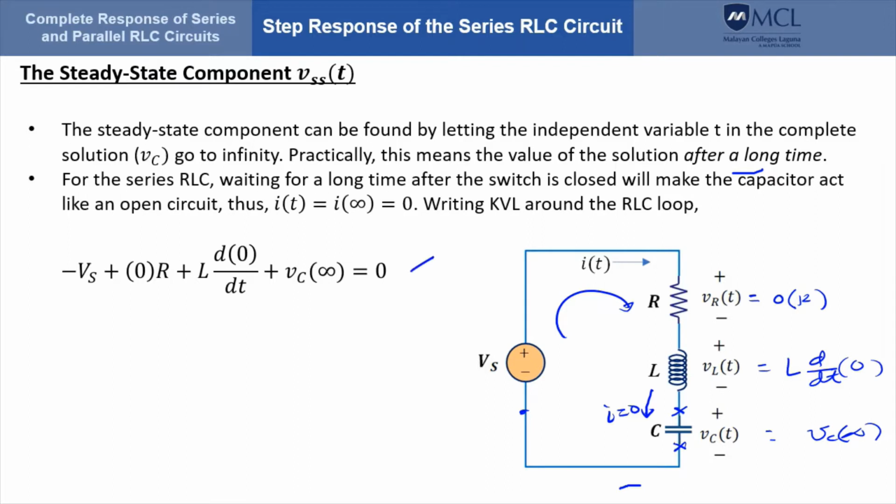Okay, so solving for V sub c, that should give us the value for V sub c as V sub s. And therefore, that would give us the steady state component of V sub c as equal to V sub s.